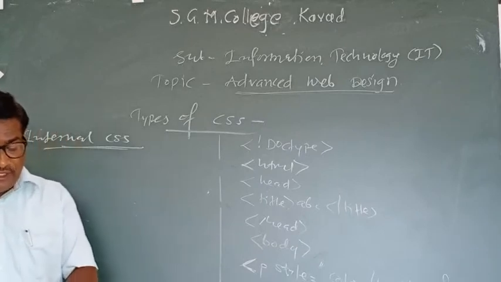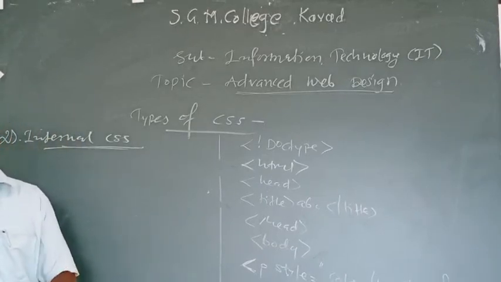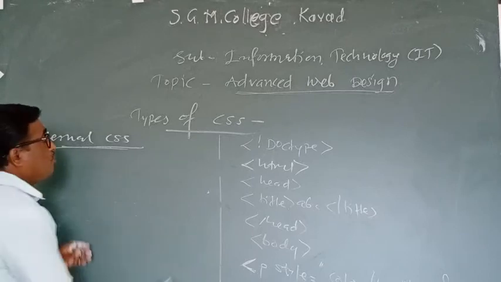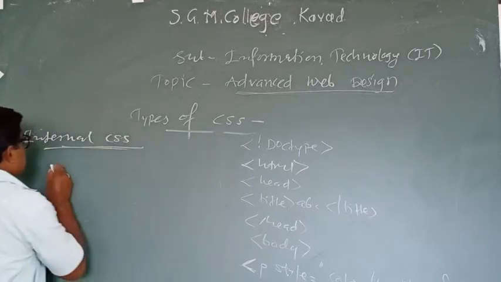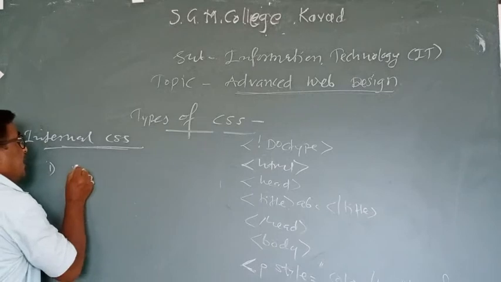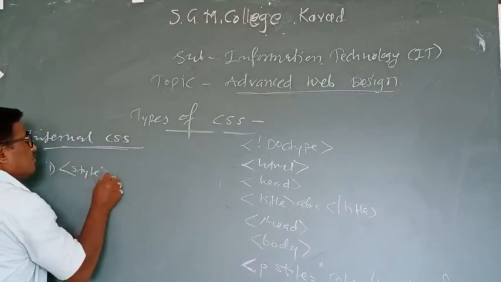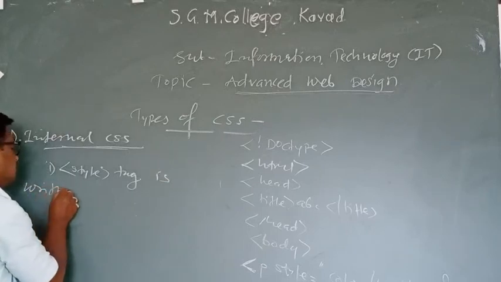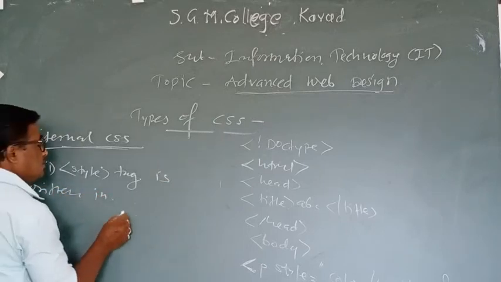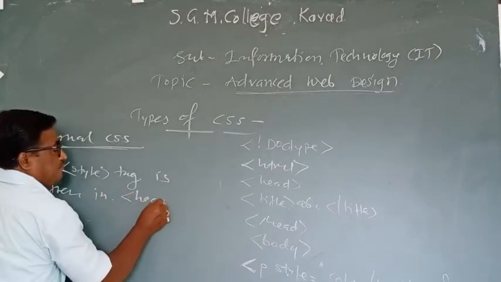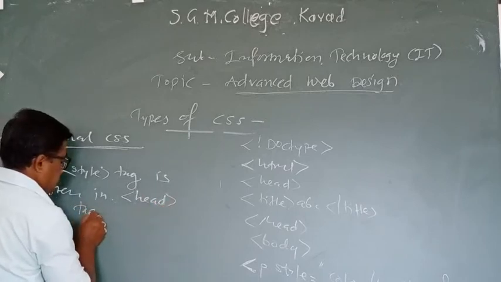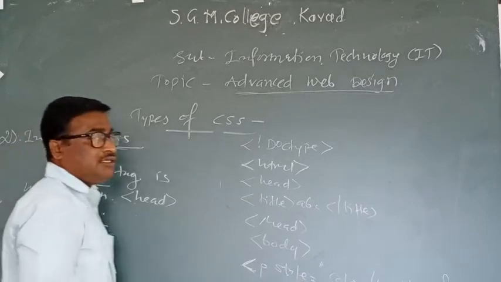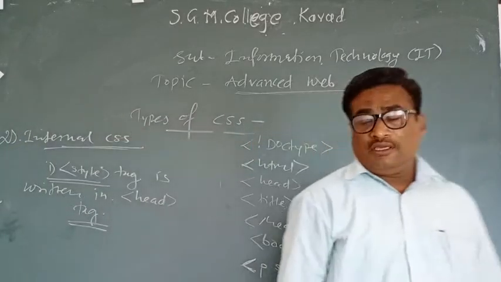In internal CSS, the style tag is written in the head tag. Keep this first sentence in your mind: the style tag is written in the head tag. That is a very important sentence.